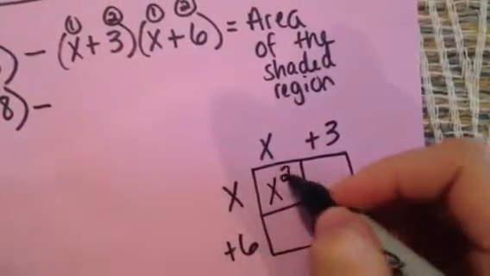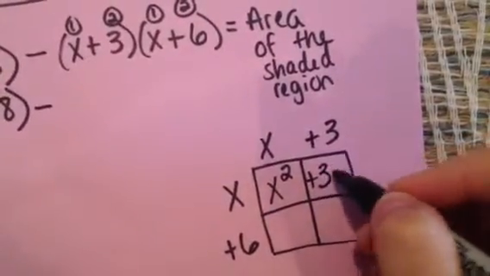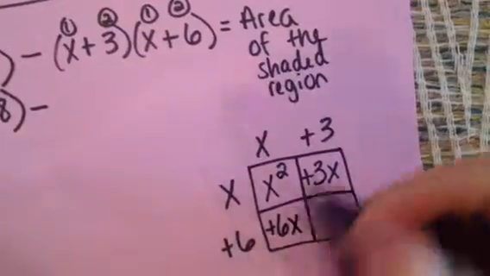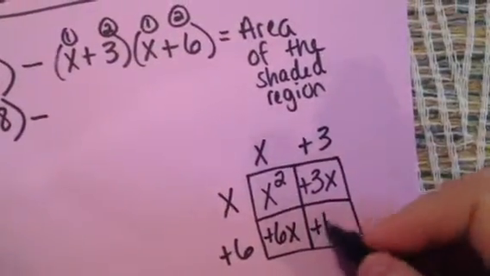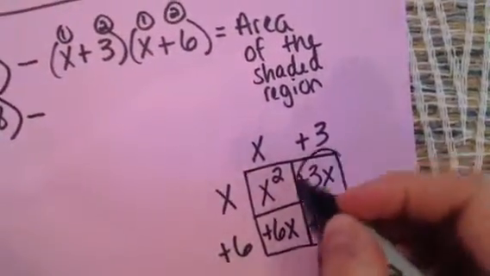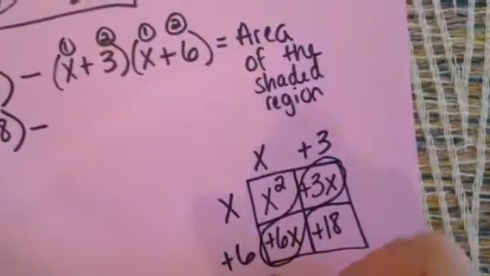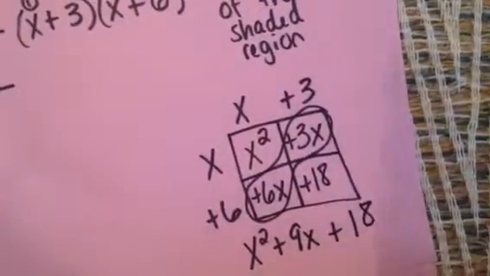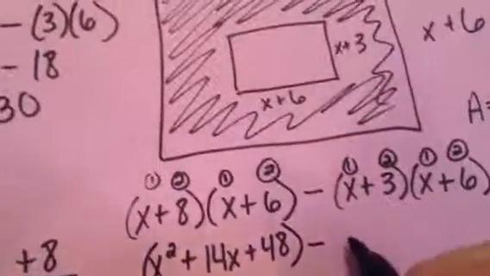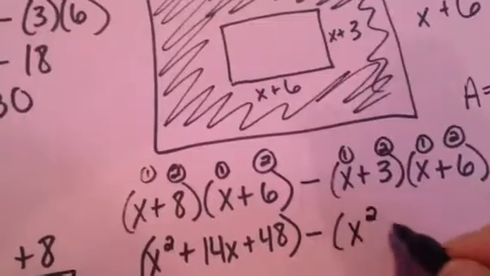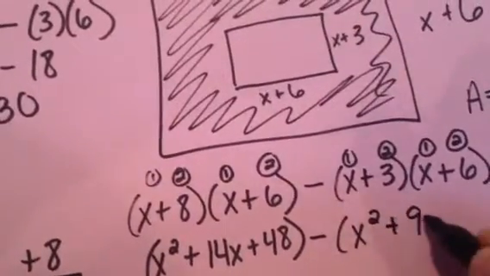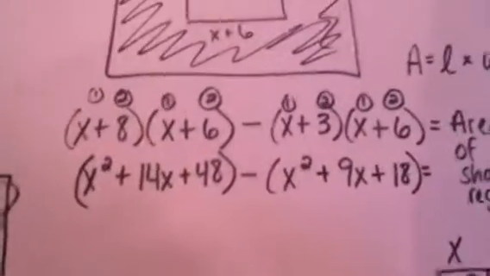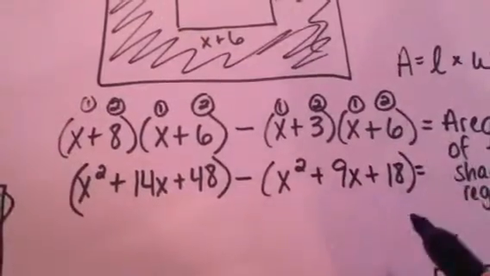X times x is x squared. X times a positive 3 is positive 3x. Positive 6 times x is positive 6x. And positive 6 times positive 3 is positive 18. I combine my like terms, and I get x squared plus 9x plus 18. Okay, now again I'm going to plug that back in up here. So that's my now condensed equation.